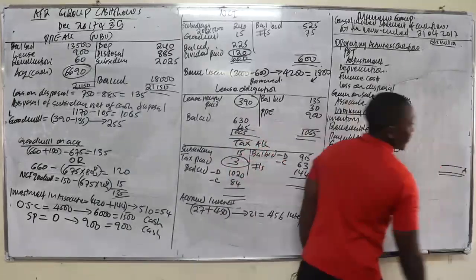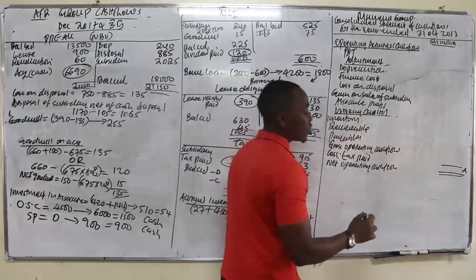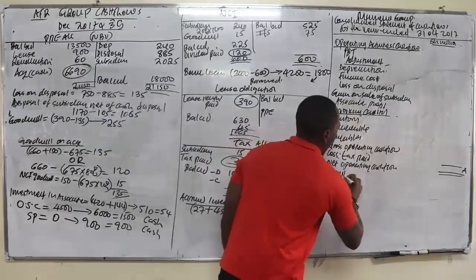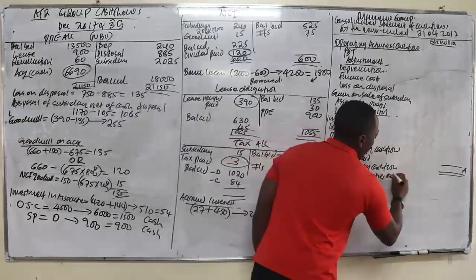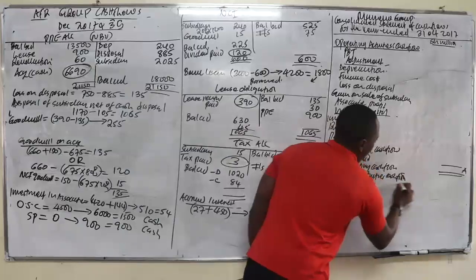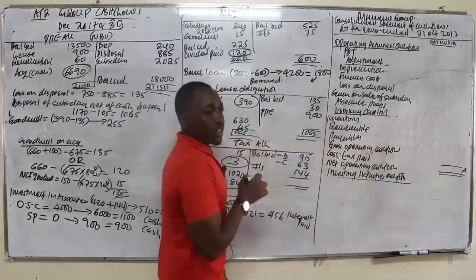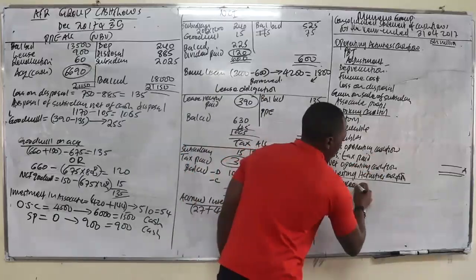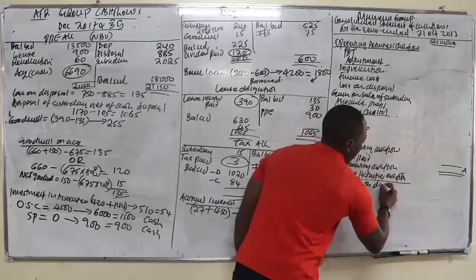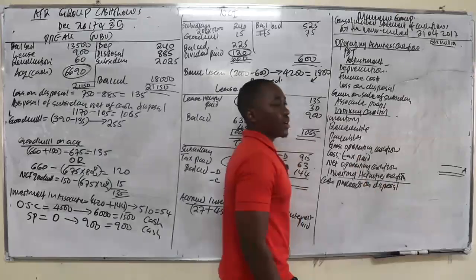From there, we go to investing activities cash flows. How did we invest? Number one, start with the cash proceeds on disposal. What else?